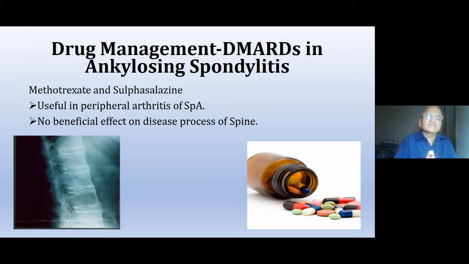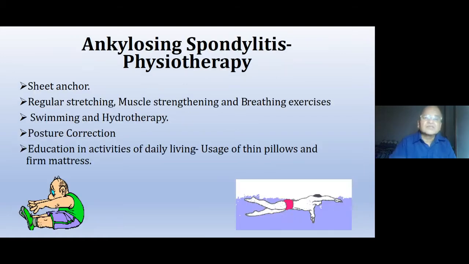Methotrexate and sulfasalazine have no effect on the axial disease. This is very important. Sulfasalazine is useful only in the peripheral arthritis, the spondyloarthritis. So if you see an ankylosing spondylitis person with predominant axial disease, don't put him on sulfasalazine and methotrexate. It is an absolute waste, which it is now proved is useless.